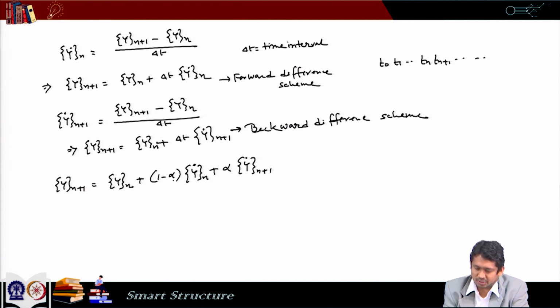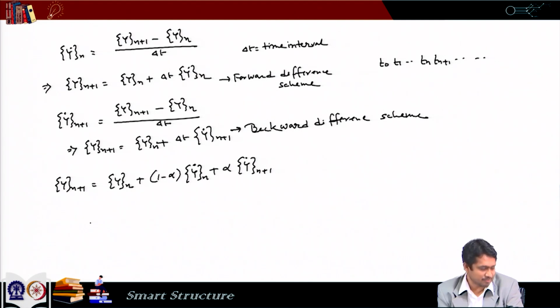So, when alpha is equal to 0, this corresponds to the forward difference scheme. When alpha is equal to 1, this term becomes 0, so this corresponds to the backward difference scheme, and if alpha is between 0 and 1, it is a weighted combination of the forward difference and the backward difference scheme.